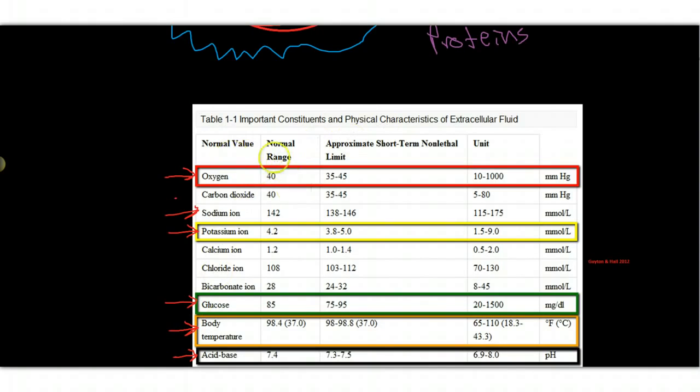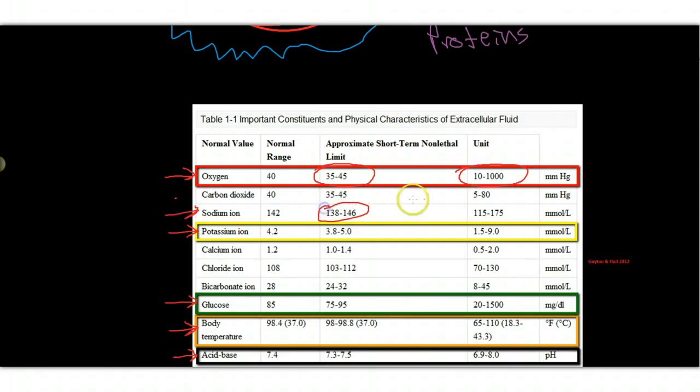Now, there is a very fine range. These all have to be in a very narrow range. That is, they have to be very balanced. So the dissolved oxygen has to be somewhere between 35 and 45 millimeters of mercury in order for the organism to be healthy. And if it gets outside of a very broad range, then the organism will die.